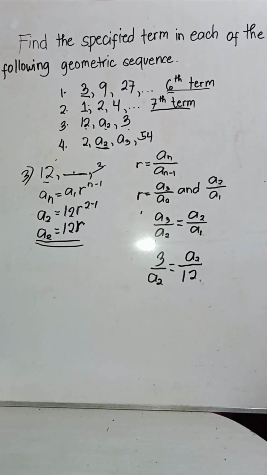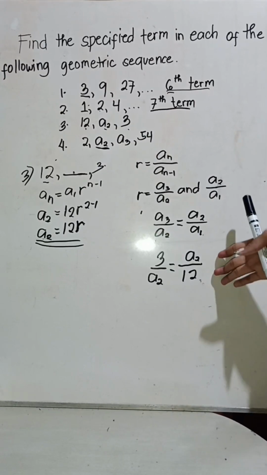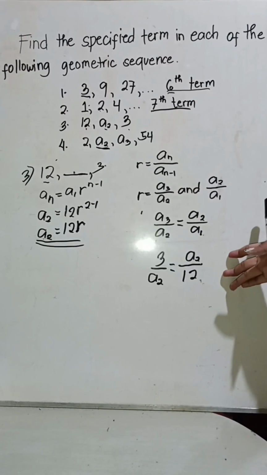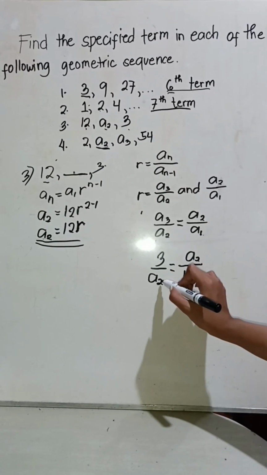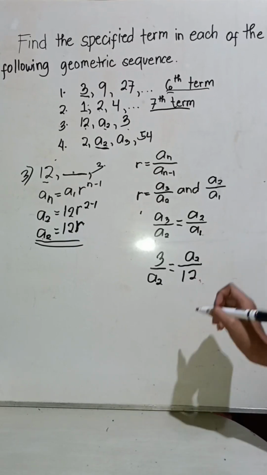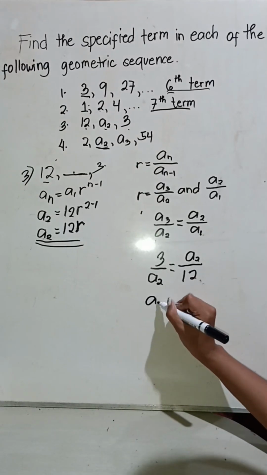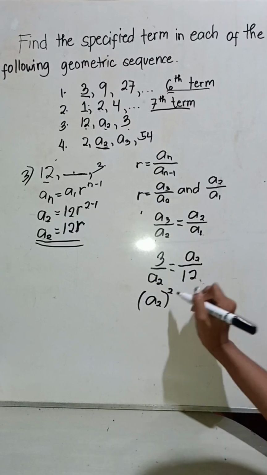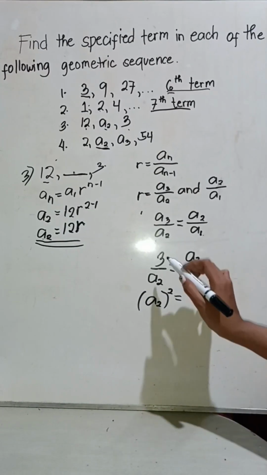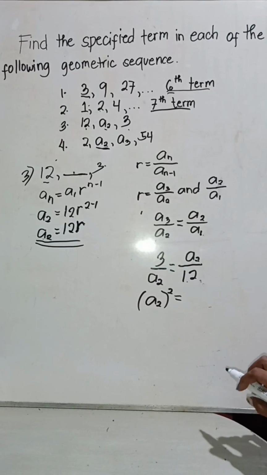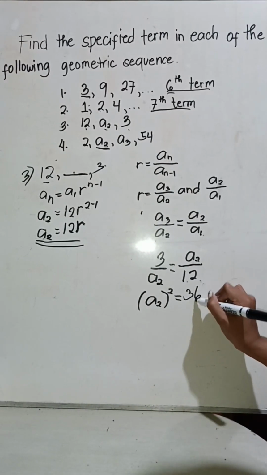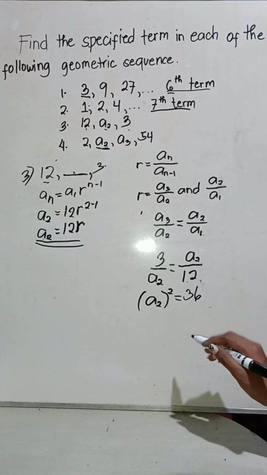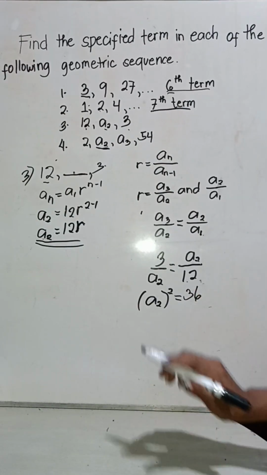Now, unsa na po yung next natong buhaton? So, pag ingon-ani na siya, ang atong buhaton is cross multiplication. a sub 2 times a sub 2, we have a sub 2 squared, equals to 3 times 12, which is 36. Ang next natong buhaton is ato siyang i-square root.